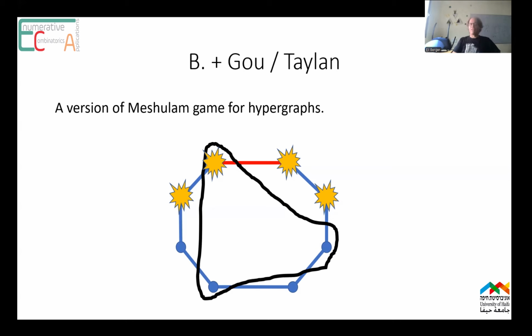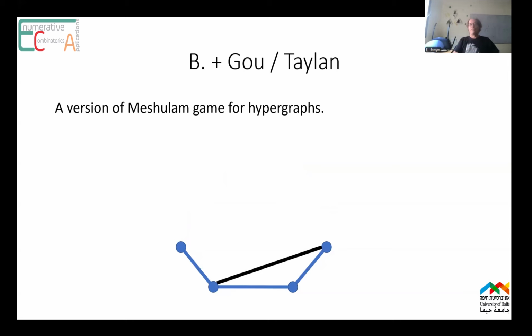And the other difference is that when I blow up an edge, if some of the vertices of the edge are in some edge with more than two vertices, then I still keep the edge with the other vertices. So I had an edge with 3 vertices, now I have an edge with only 2 vertices.